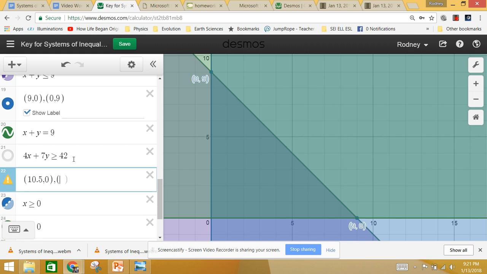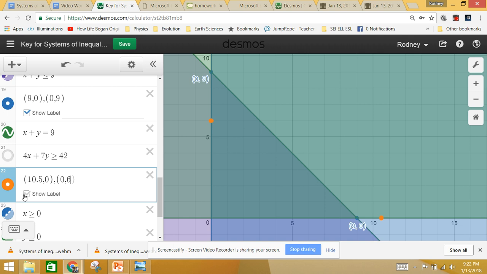And then I've got a y-intercept where, when x is 0, what is y? So I end up with 7y equals 42. I divide both sides by 7. I get 6. So 0, 6. And I'll go ahead and show the labels.